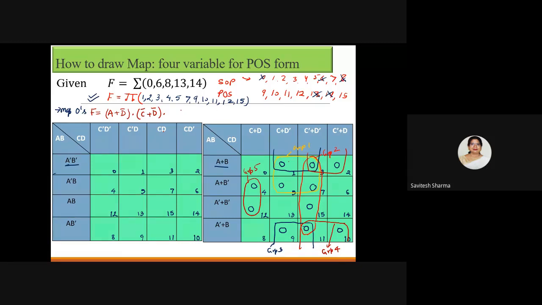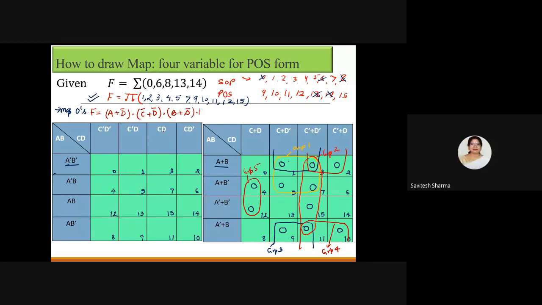Now come to group 3. What is the expression for group 3? What is common in vertical? B is common. For group 3, B is common. You see here, I am seeing this A plus B and A complement plus B. So B is common. Okay. Plus D complement.